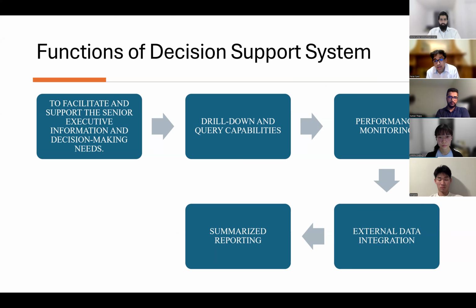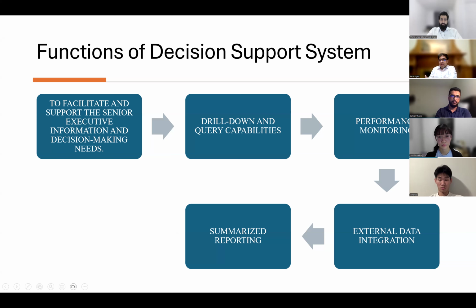It helps you gather external data and integrate it into the system to help you make good decisions. It also helps you build a summarized report, a summary of all your decisions and your data. Because when you're processing a lot of data, you'd obviously want to see it in a simplified and easy to understand manner.